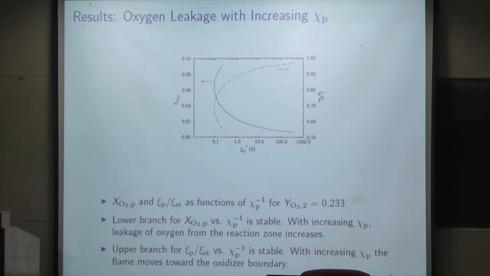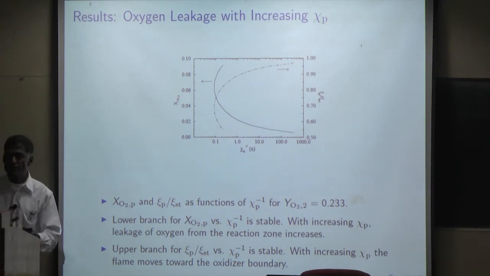Right, so now this is the oxidizer leakage. I plotted the oxidizer leakage. You can see that in this case, the bottom part is the stable part for the oxidizer leakage. As you increase the strain rate, you can see that the oxidizer leakage increases.